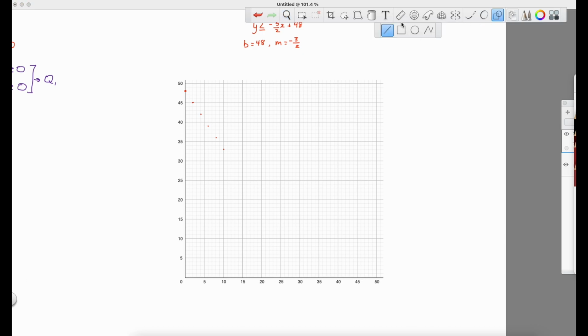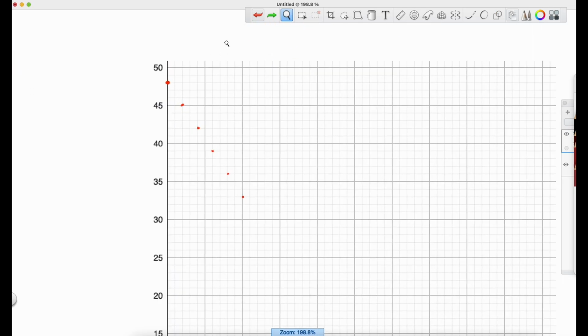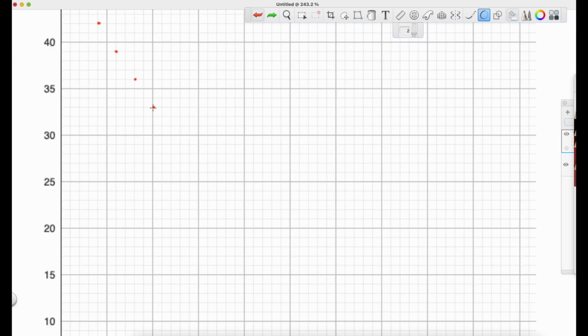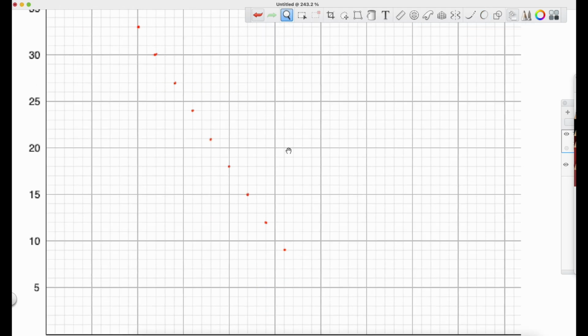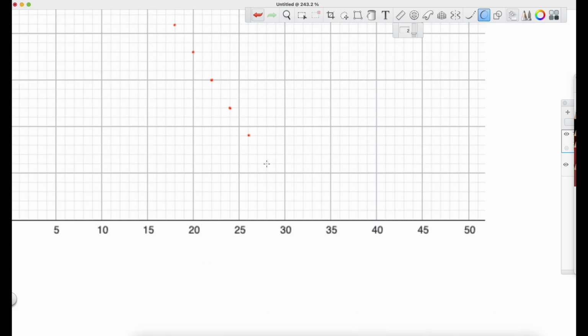I'm going to get my line tool. I think I have to do a few more points, it's so hard to see. Just want to make sure that I don't mess it up. Down 3 over 2, 3 over 2, 3 over 2. I really do think I have enough now. I've gone all the way down to the bottom.